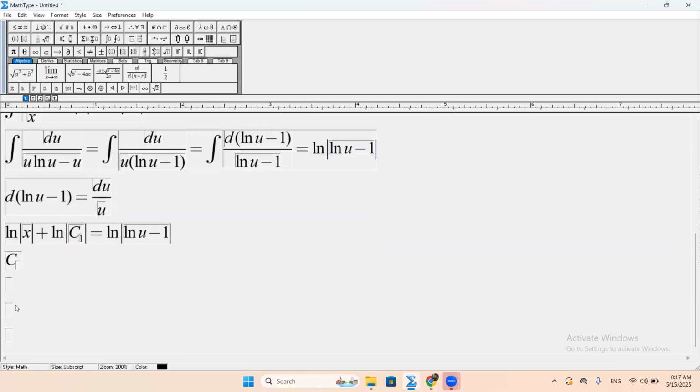So c1 x equals the logarithm of u minus 1. Reminding you that u is the substitution, so we need to express here p over x.